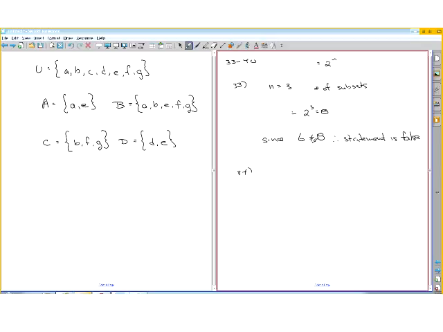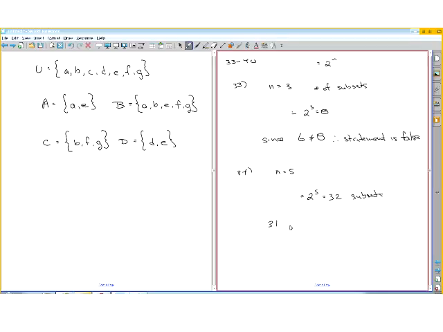Okay, 34. There are exactly 31 subsets of B. How many do we have in B? We have 5, so n is equal to 5. So the number of subsets is 2 to the 5th power, which is 2 times 2 times 2 times 2 times 2, which is 32. So there are 32 subsets, not 31.